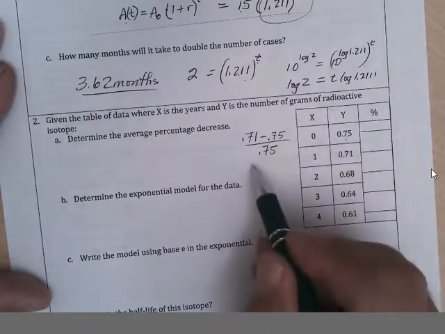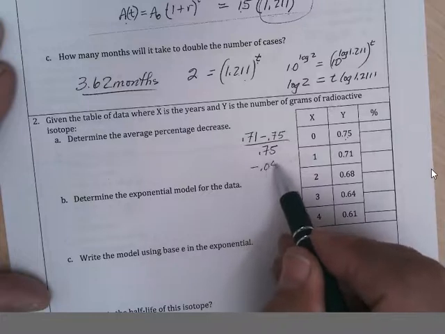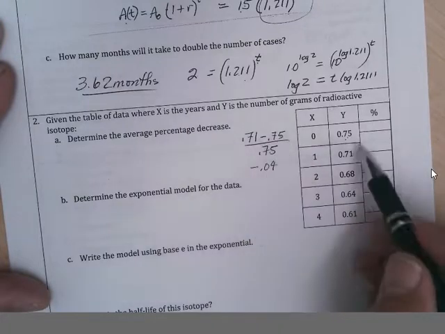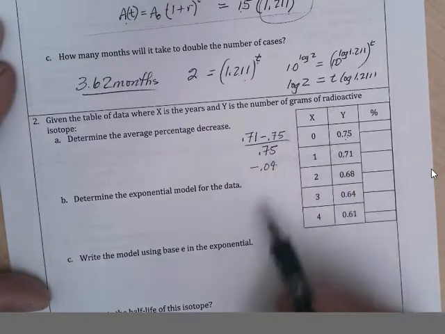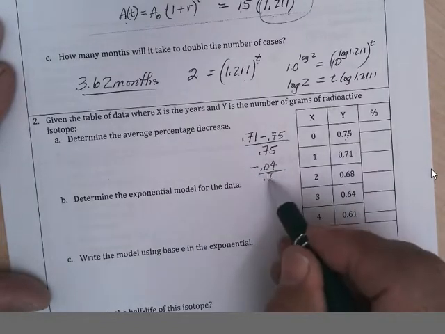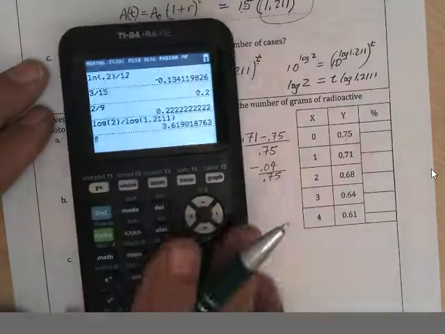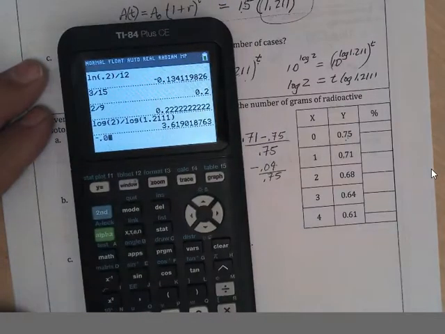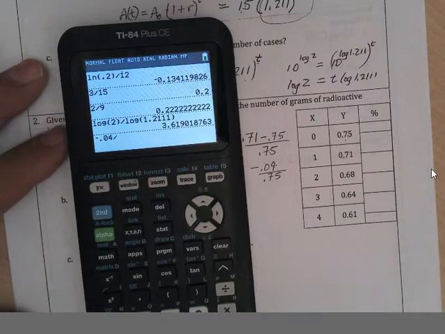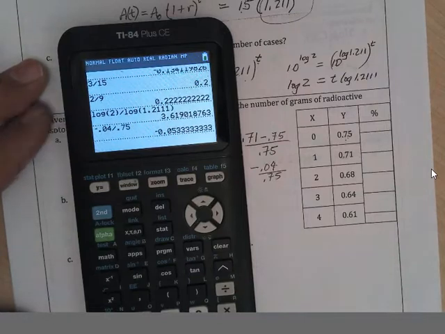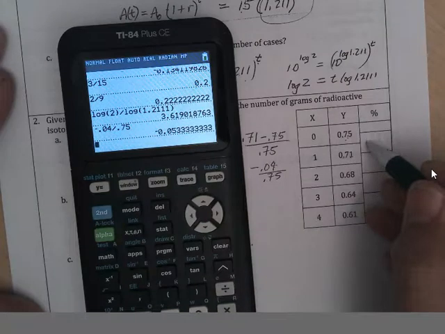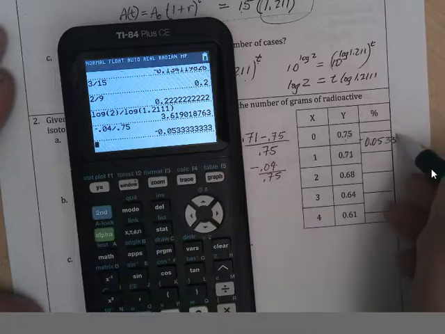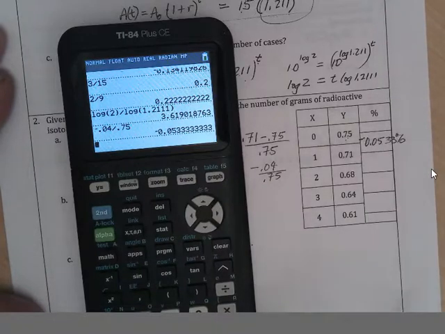This will be negative 0.04 because it went down from 0.75 to 0.71, which is down 0.04, over the starting amount, 0.75, and that works out to be negative 0.04 divided by 0.75, and from here to here the decrease was 0.0533. It went down by that much.